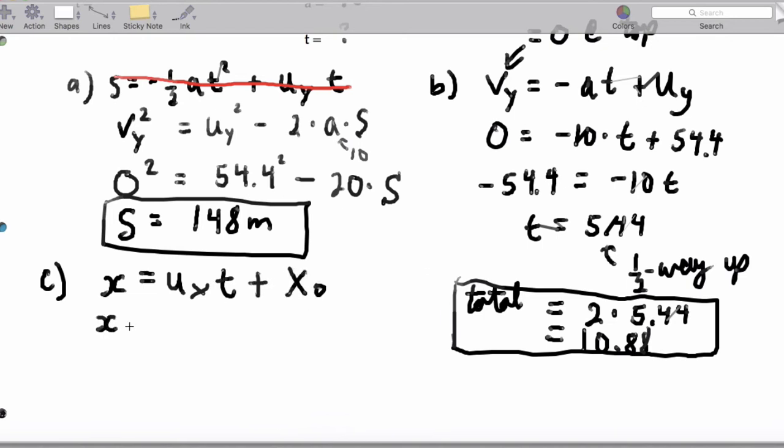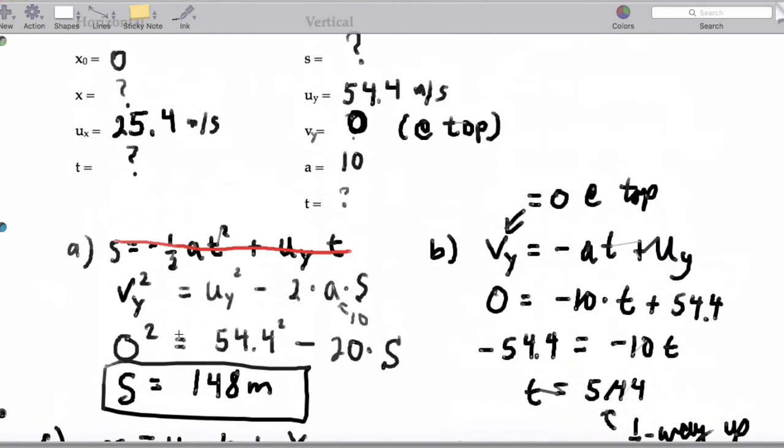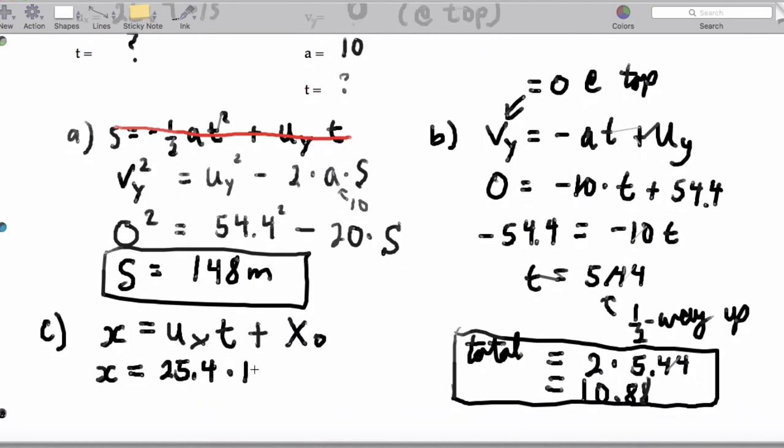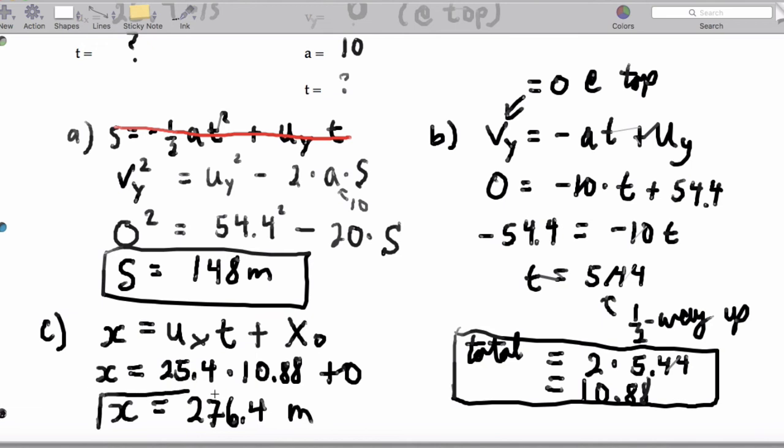So x equals 25.4 times the total time, which is 10.88, plus 0. So x equals 276.4 meters. So there's our horizontal range.